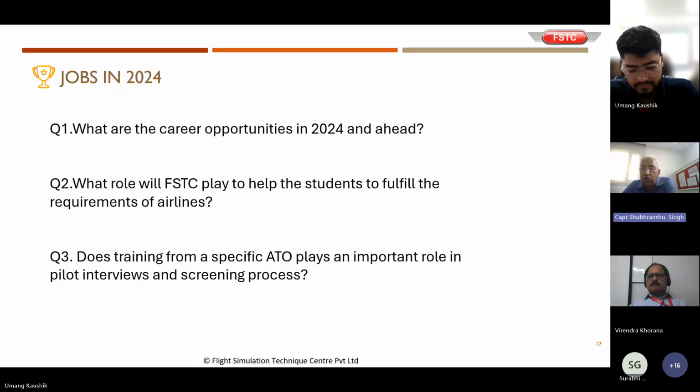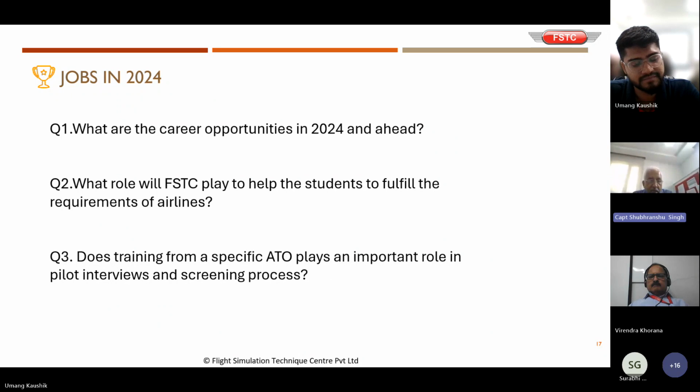And you are the ones who are going to man that. So your career is wide open. It just has to be managed or channelized in a particular way so that you can achieve it. Opportunities are there. The only thing is it has to be managed or shaped in a particular way so that you can get your jobs, you can achieve your dreams, as in the last slides all of you said.